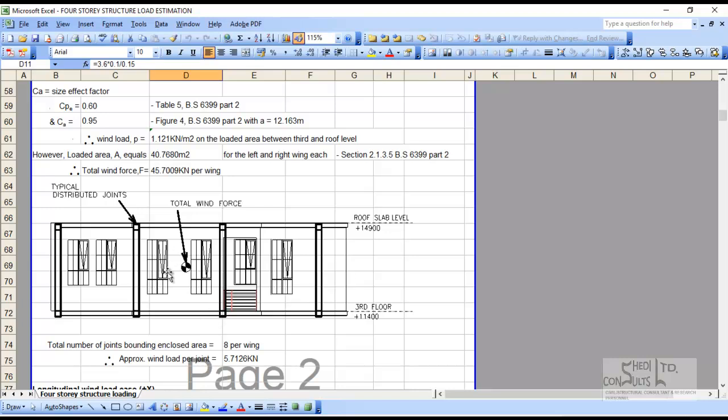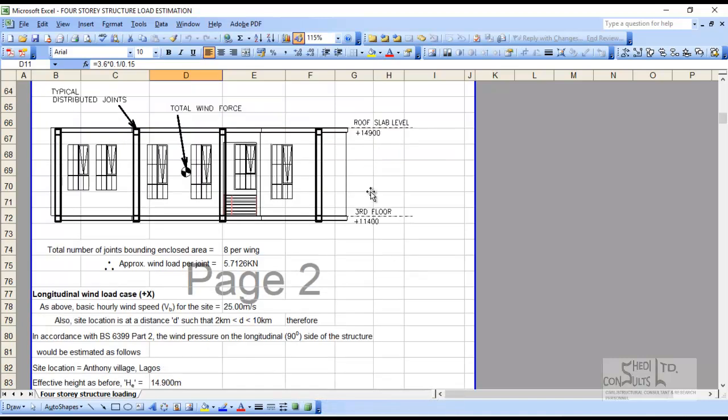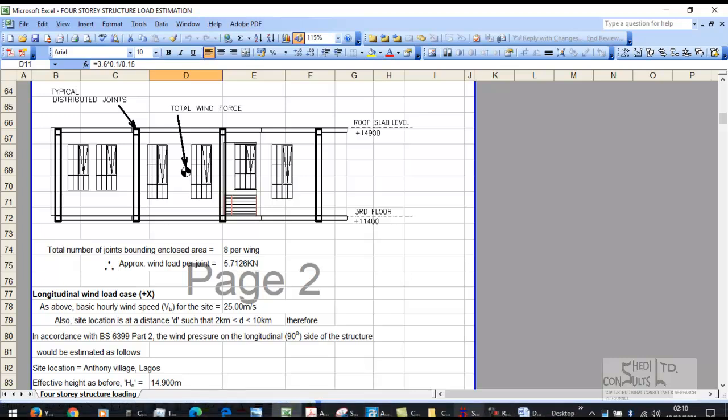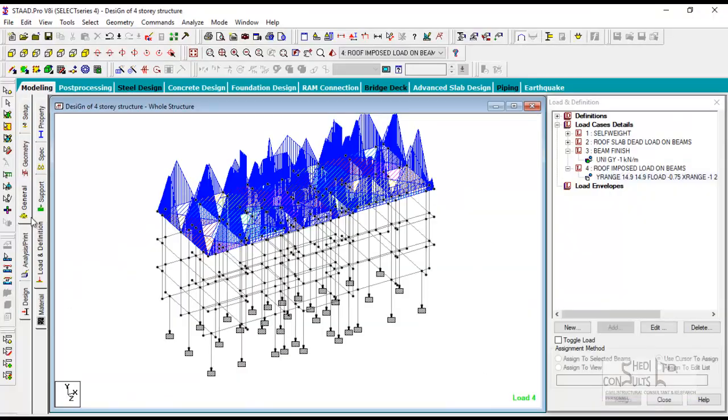This is where the resultant wind force will act at the centroid of the windage area. At the centroid. So the wind load on each of the distributed joints will be the total force divided by those joints. And the wind load per joint is 5.7126. So let's create it. That's in the Z direction.